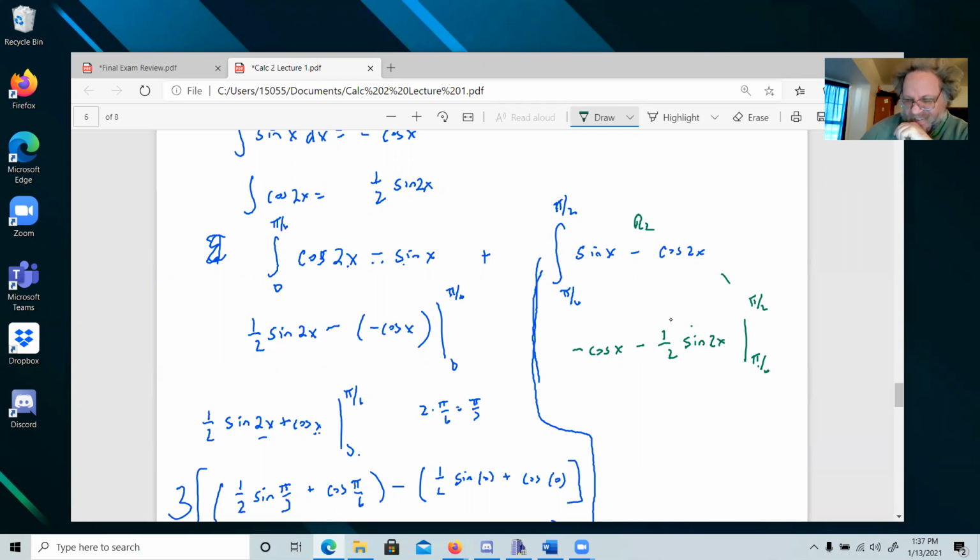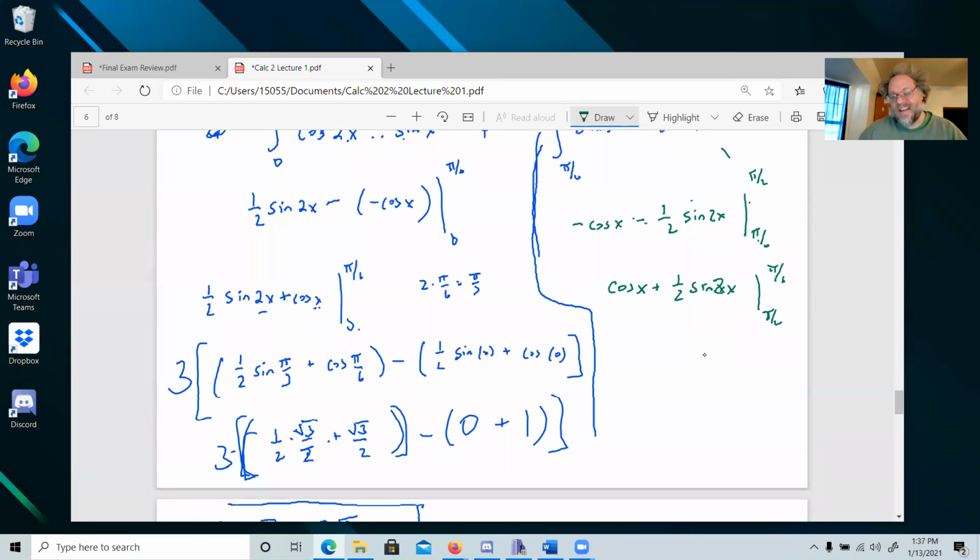Your teacher may have gone into that, but since it's easier to not deal with the signs, let's go ahead and say this is cosine x plus 1/2 sine 2x, and then we're going to go from pi over 2 to pi over 6, right? So if you swap the limits of integration, you can change these guys to positive. Since they're both negative, they both turn to positive. If we had mixed signs, we would have to mix and match. So in this case, I think this is a slightly easier way to go.